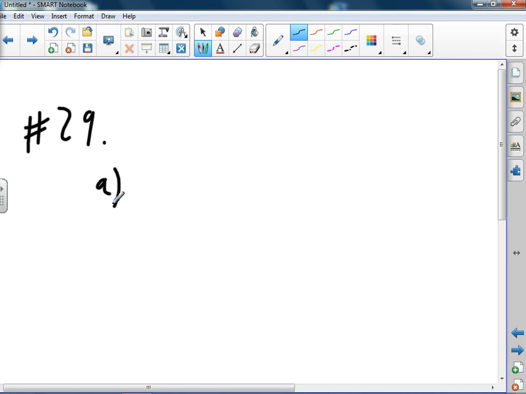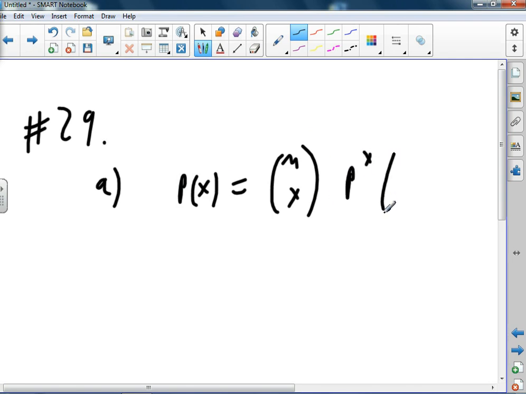Okay, so we want the probability, because we're using the binomial formula, of n choose x, p to the x, times one minus p to the n minus x.